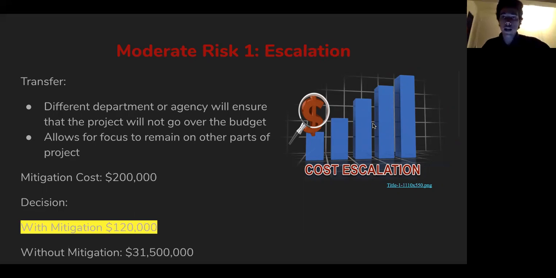And we decided to mitigate just because it is so much cheaper than not preparing. So ways that we were thinking about preparing is that we got different agencies to ensure the project will not go over budget, as well as allowing for focus to remain on other parts of the project. And even before that, we got to make sure that the contract is sturdy.